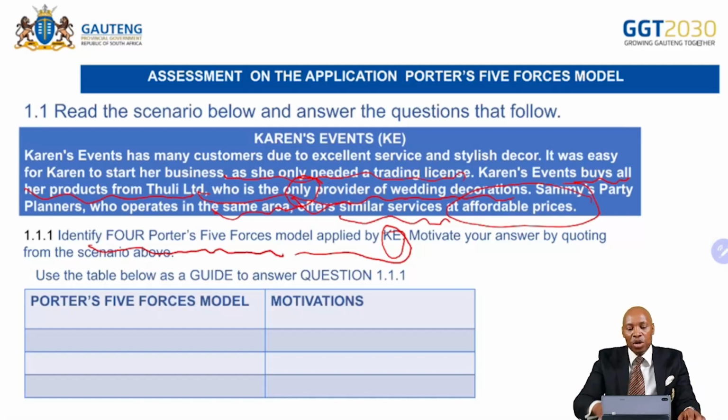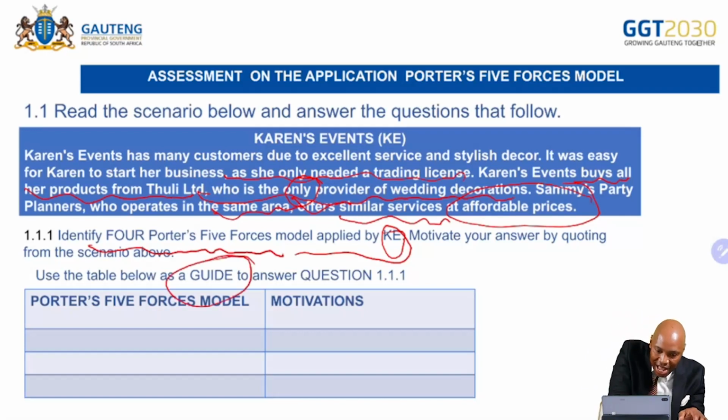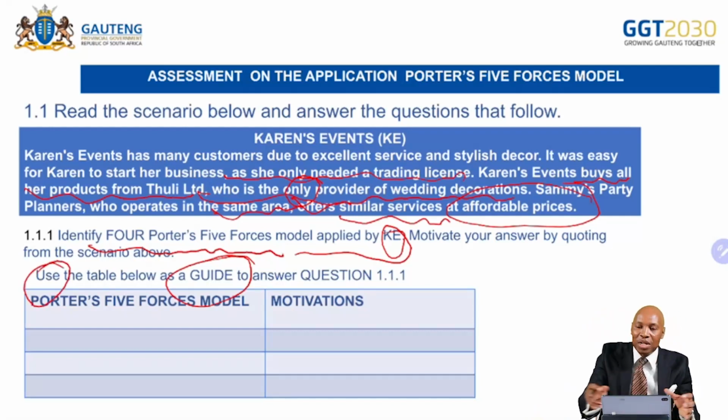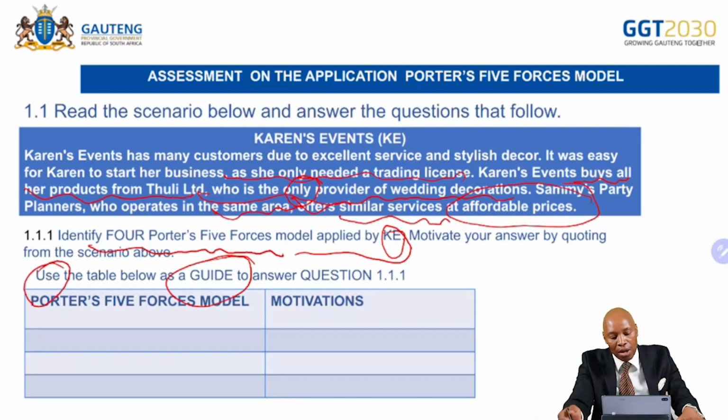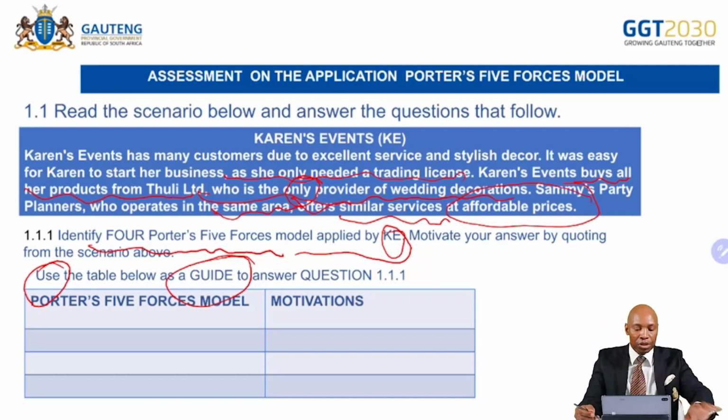No, you have a choice not to draw it because it says as a guide. The instruction does not say redraw, but it says use, just to guide you if you want to. But if you don't want to, you have a choice not to draw the table. I hope it is clear to you. It should be clear. You can ask your question using our WhatsApp line.